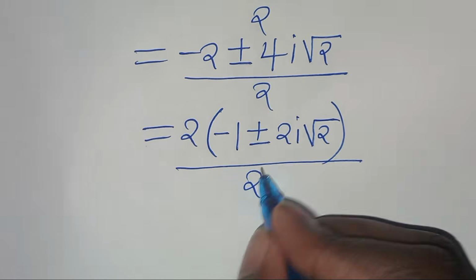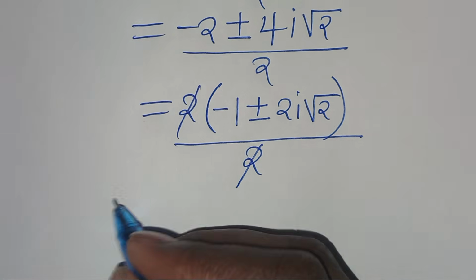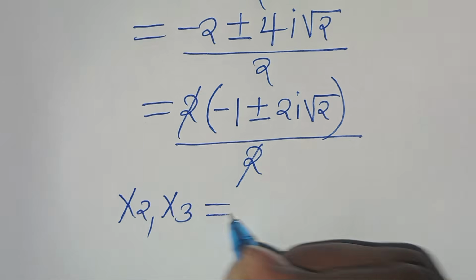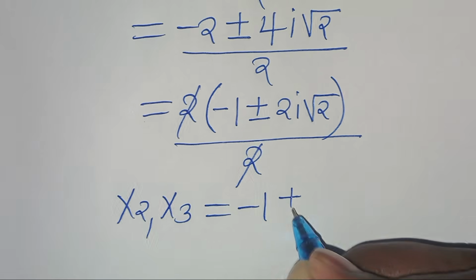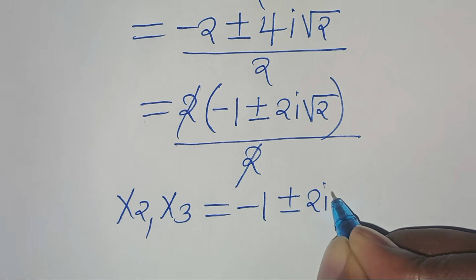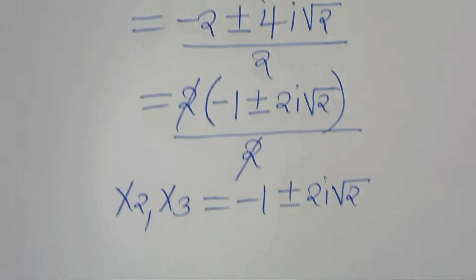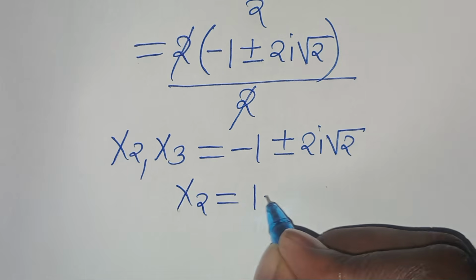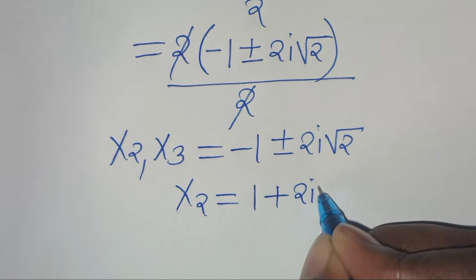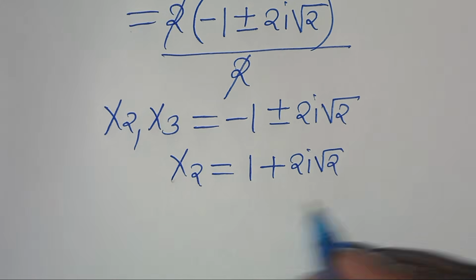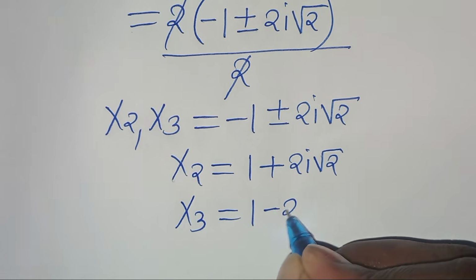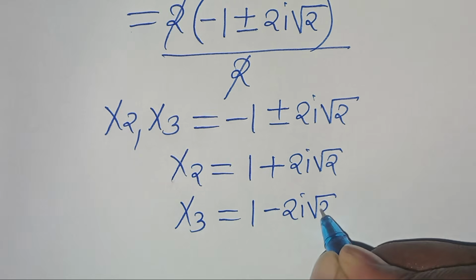So let's simplify 2 and 2 here, so that x2, x3 is equal to negative 1 plus or minus 2i square root of 2. So we have x2 equal to negative 1 plus 2i square root of 2, and x3 equal to negative 1 minus 2i square root of 2.